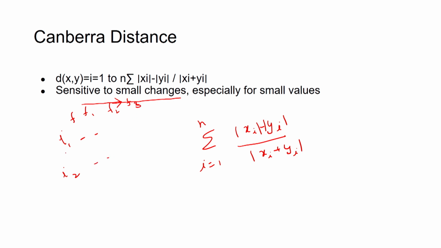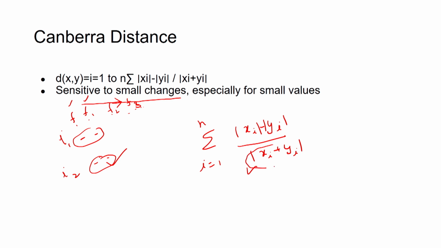In that case, if there are some changes in these small values, they may be important to us, but in other metrics like Euclidean distance, all these features are treated equally. Here you see this difference is divided by mod of xi plus mod of yi.